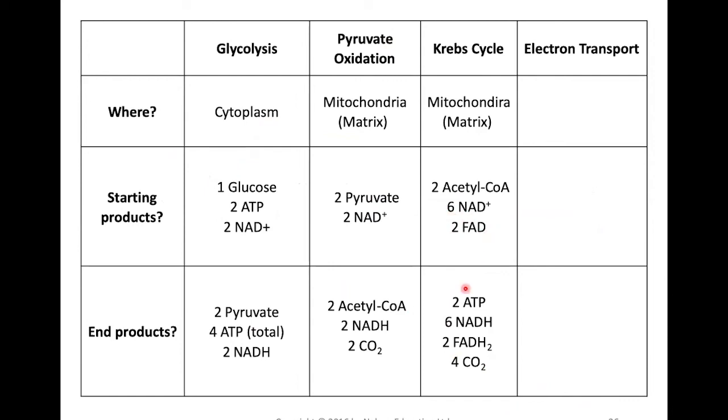And then ultimately, we're producing 2 ATP, 6 reduced NADH, 2 reduced FADH2, and 4 CO2 molecules. So now we're going to move on to looking at the electron transport chain. And this is where a lot of these end products, specifically the electron carriers, are going to act as our starting products for the electron transport chain.